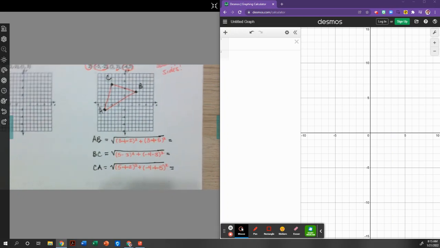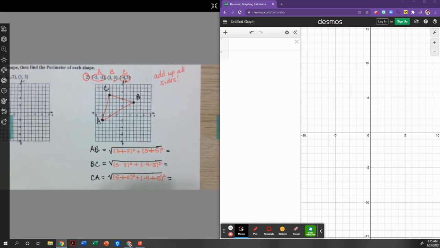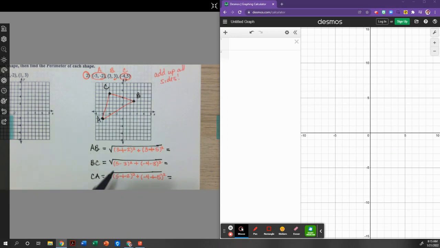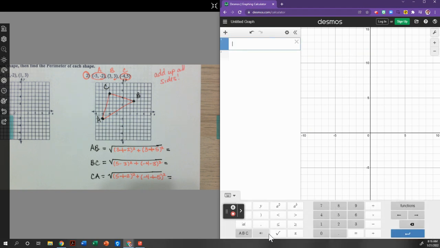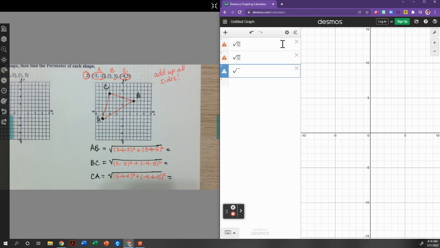Now that I've set up my distance formula for all 3, I need to go into Desmos and type all this information in. Let me move this little guy right here. Let's bring up that keyboard, get square root symbols going. Okay, so I can shrink down my keyboard.